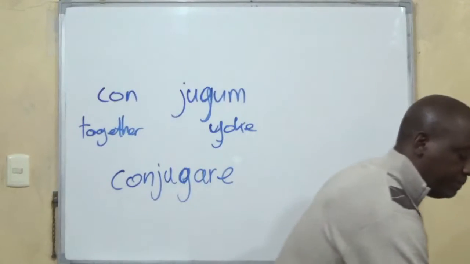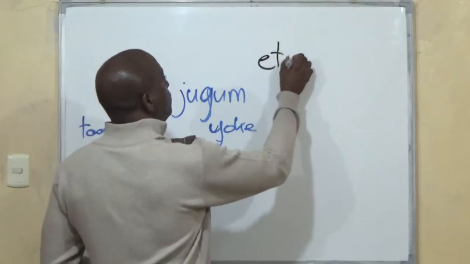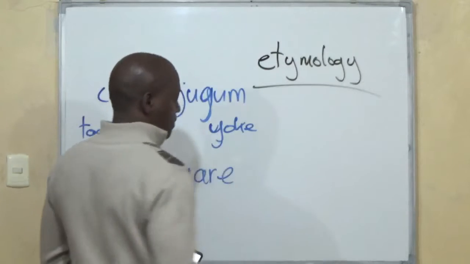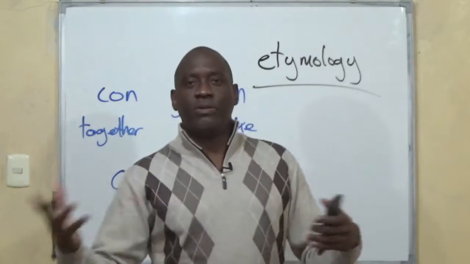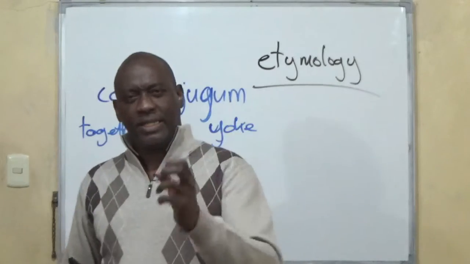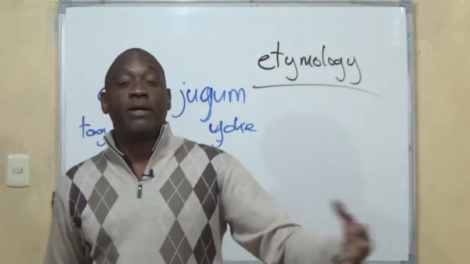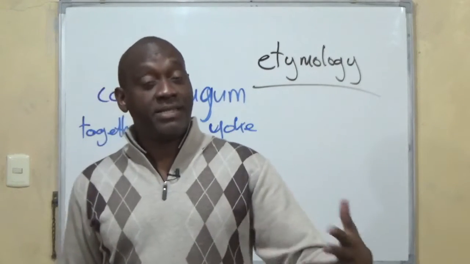E-T-Y-M-O-L-O-G-Y. Go and look it up. Etymology refers to looking at the origin of words, where words come from, how the word evolved over time. Here we're talking maths, but maths is language too.